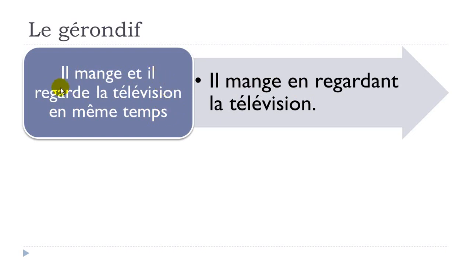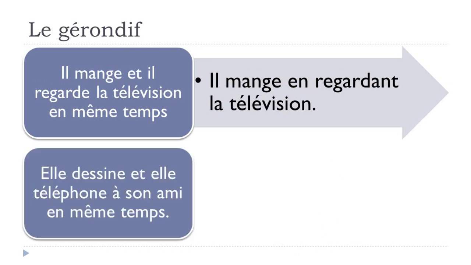Then we just need to transform il regarde, so it will become regardant for the participe présent form, and just before we'll put this preposition. So il mange en regardant la télévision. Okay, so it's exactly the same thing, but then, of course, the sentence is much shorter.